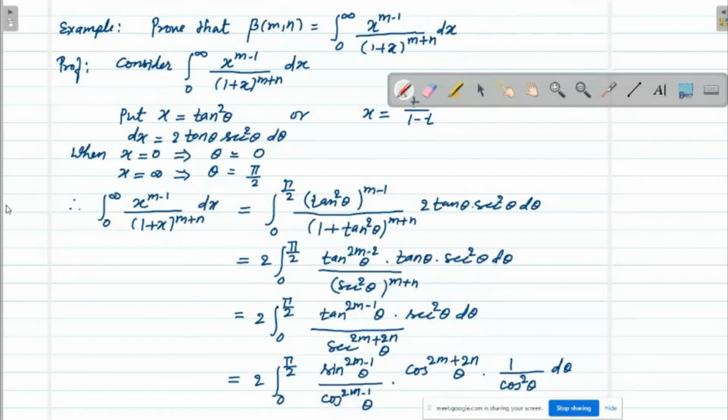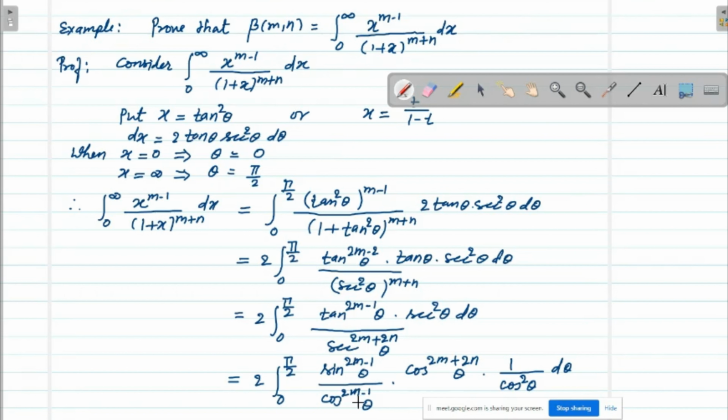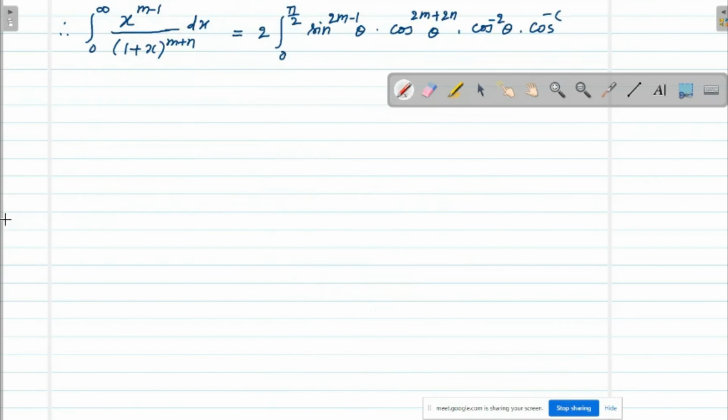And the next term can be written as cos raised to minus 2m minus 1 theta and d theta.